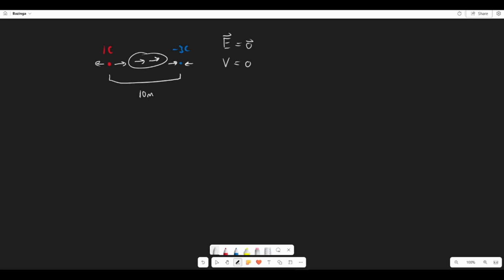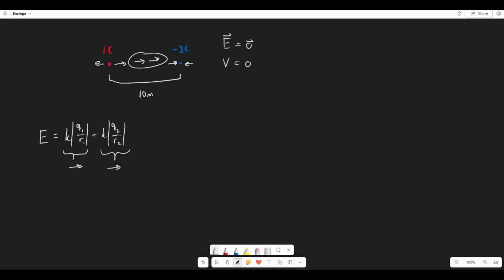Therefore, in this middle region, the electric field will be equal to K times Q1 by R1 plus K times Q2 by R2, where we're taking the absolute value. So we're saying that it is the positive portion of the electric field generated here and the positive portion, right? That's what the absolute value is for. So the absolute value here ensures that our result is the sum of two rightwards pointing vectors.